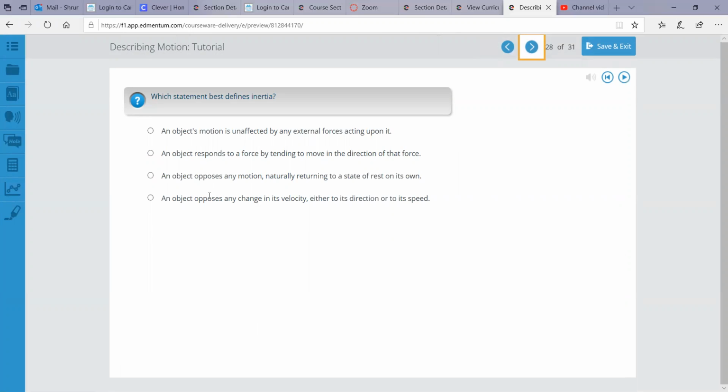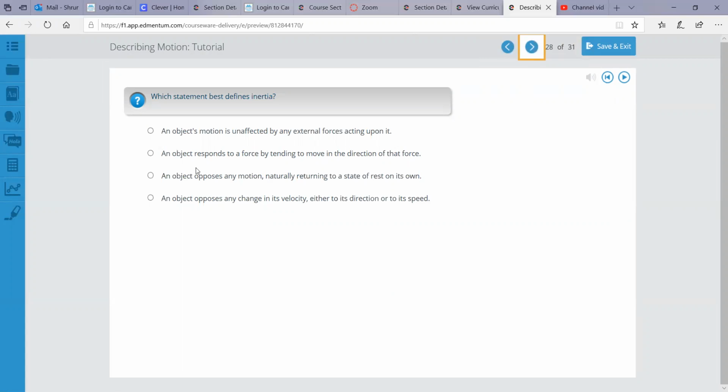Which statement best defines inertia? So which one sounds most correct to you? An object's motion is unaffected by any external forces acting upon it? Not necessarily. An object responds to a force by tending to move in the direction of that force?